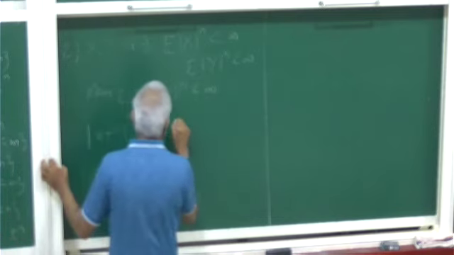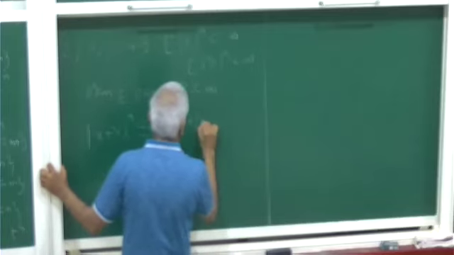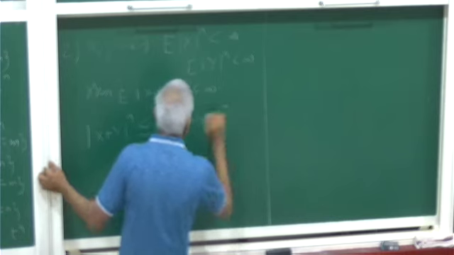So the thing is, you want to consider |x+y|^n, which is less than or equal to (|x|+|y|)^n, of course.